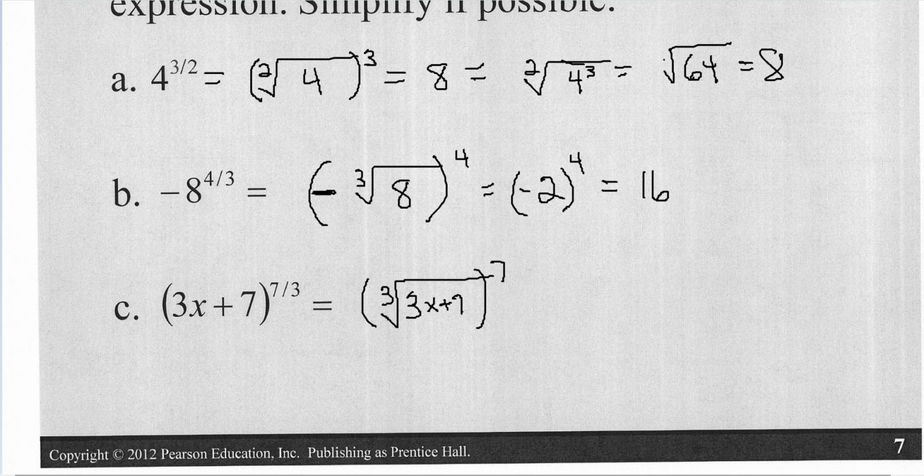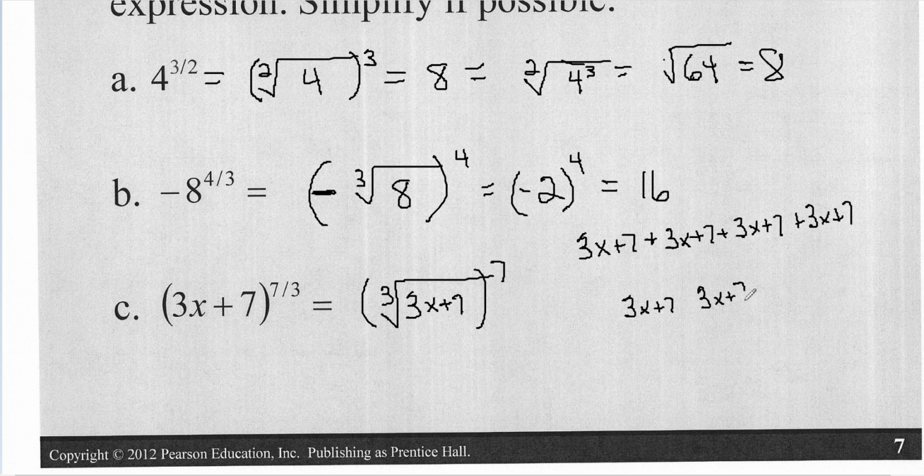Okay, so that means what? I've got to write this 3x plus 7 times. Let's see if I can do that. I don't have to. There's a little shortcut to this. 3x plus 7 plus 3x plus 7 plus 3x plus 7 plus 3x plus 7. So that's 1, 2, 3, 4. 3x plus 7.